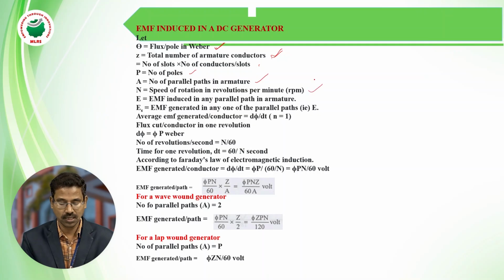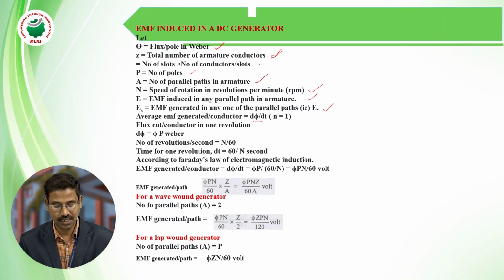E is the EMF induced in any parallel path, which is the EMF generated or induced in the generator, and is also equal to the EMF induced in any parallel path of the armature. The average EMF induced per conductor is given by d phi by dt.